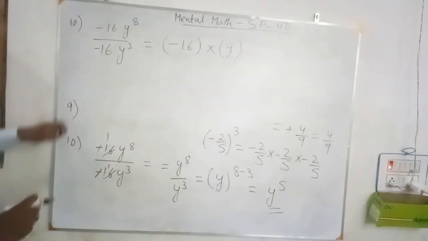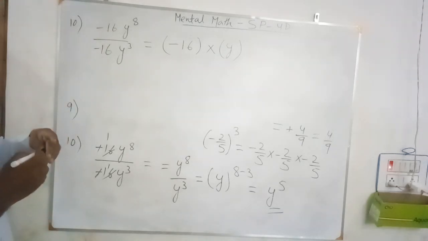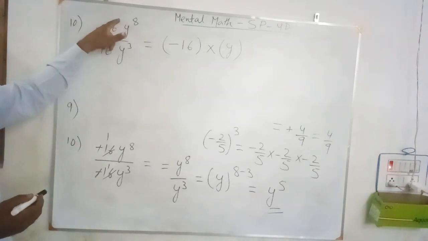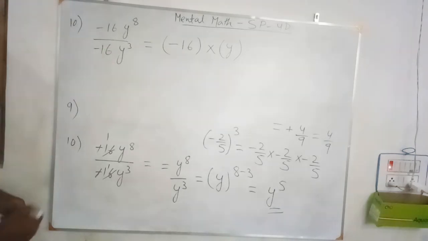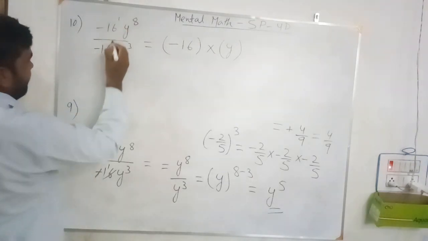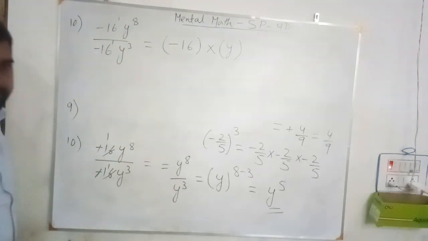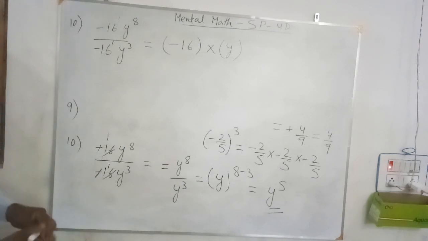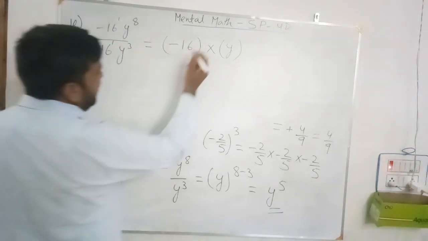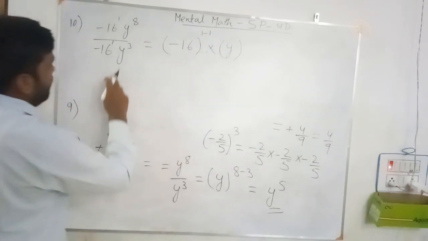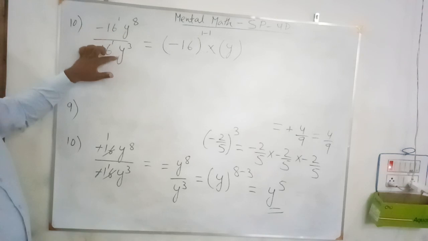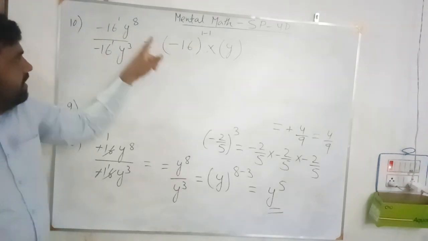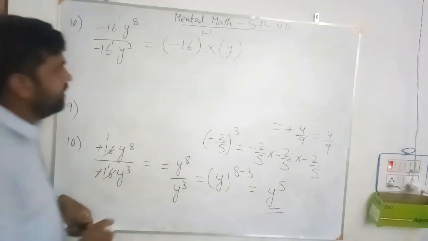Now the power of minus 16 is 1, nothing written, that is 1. In the denominator also the power of minus 16 is 1. If not written, it is 1. So subtract first power minus second power, 1 minus 1. For y, apply the quotient law: take the base common and subtract first power minus second power, 8 minus 3.